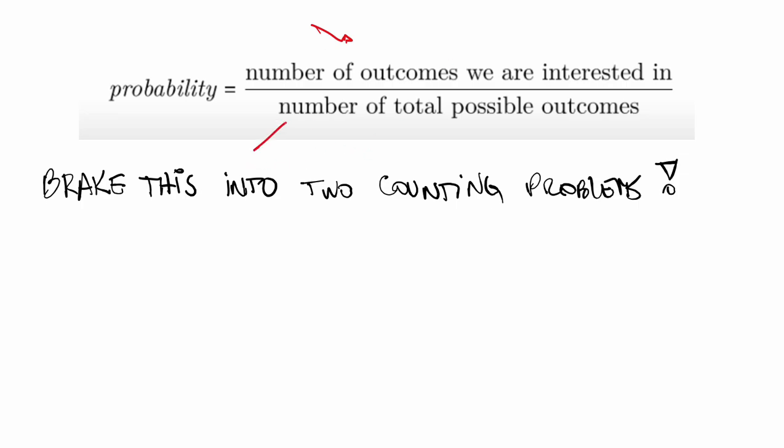And the number of total possible outcomes is the number of things in your sample space, right? So you have to know how to count. In the case of the pizza, there are 8 possible outcomes.